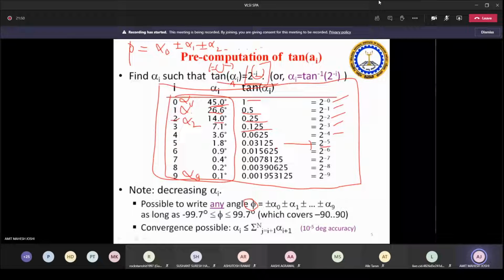What I am trying to figure out is that whatever angle I want to calculate, that angle is in some form of alpha. So if I want to find the 20 value, then I can think of 45 initially, minus 26, then 19, then plus alpha 2, like that.